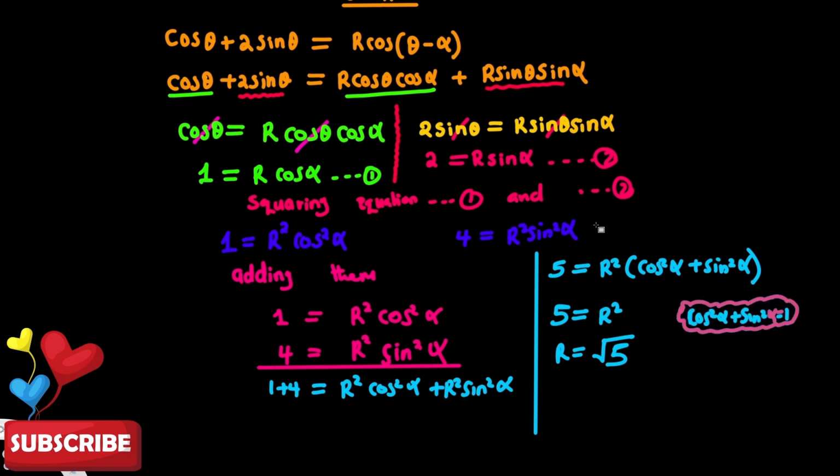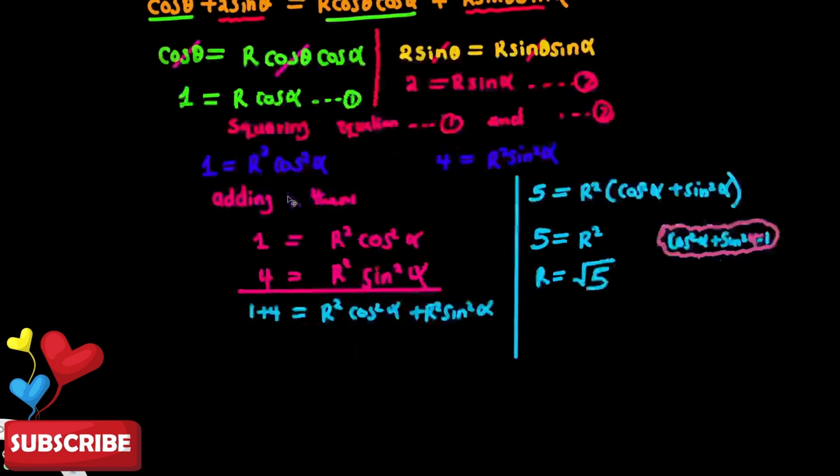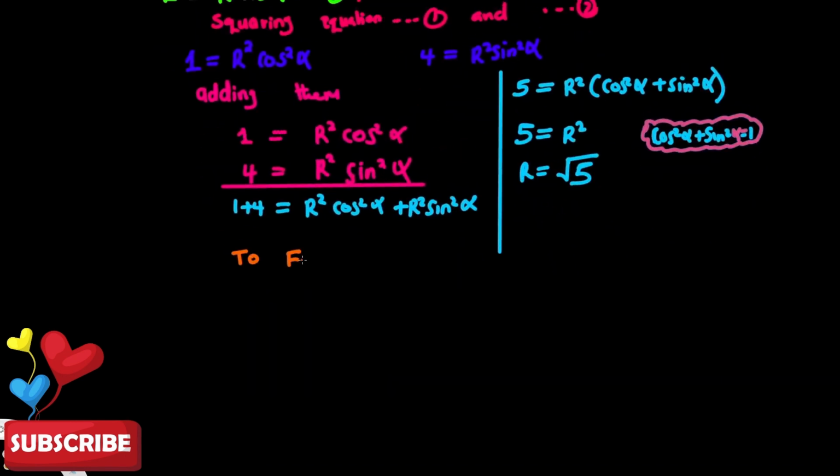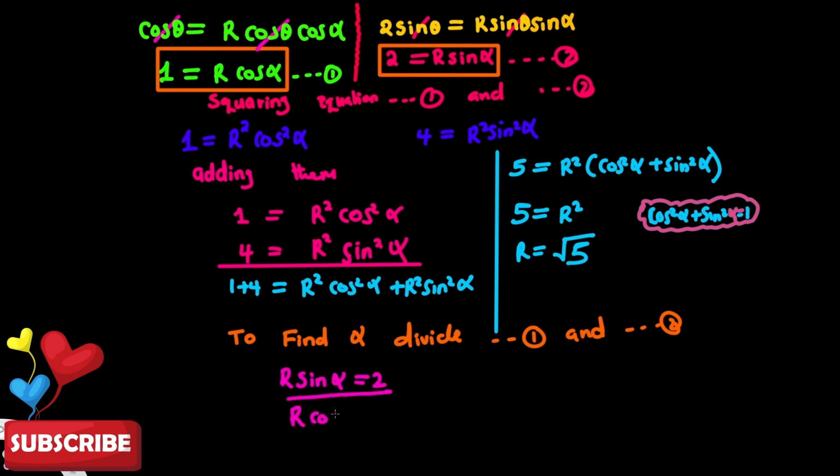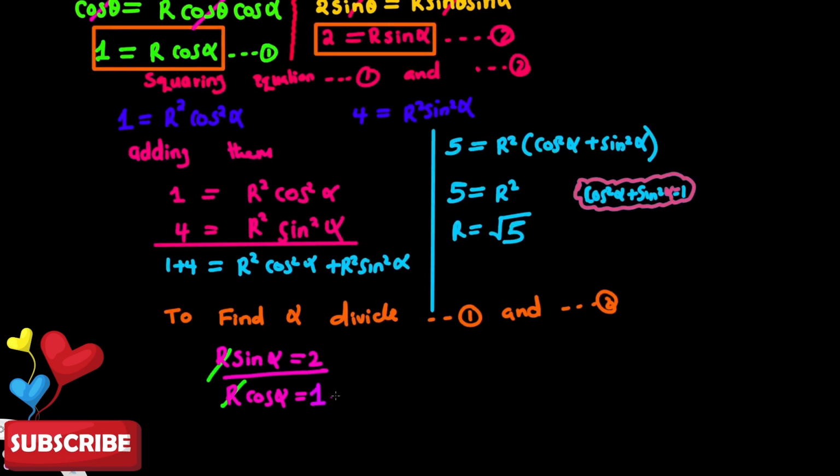The next part that we are going to look at is finding the value of alpha. In order to find the value of alpha, we are going to divide the two equations. You can see from these two equations, if you divide the second equation by the first equation, you are going to get this reducing to r cos alpha equals 1.